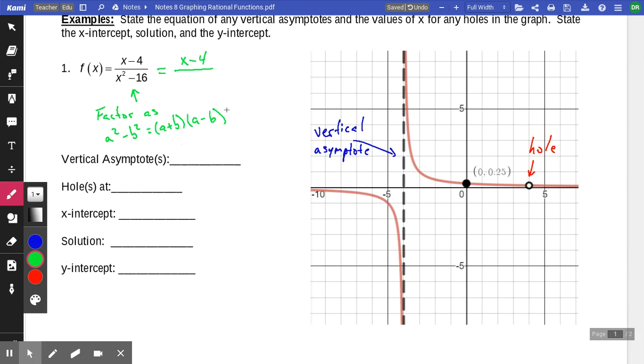And so that's why the factors of this are going to be x plus 4 and x minus 4, because a is the square root of your first term, x squared, and b is the square root of that second value, 16, where we get the 4 and the 4. Now, what you might notice at this point is that after you've factored, we can do some comparing.